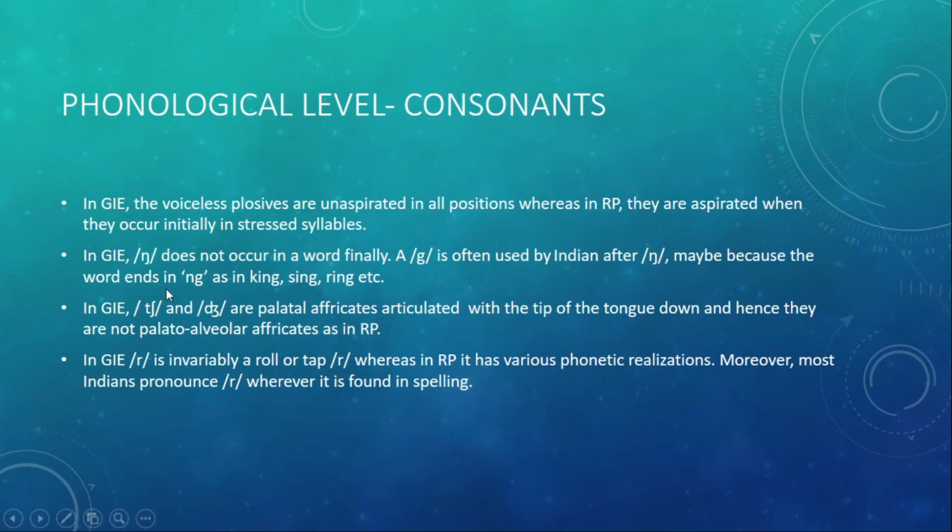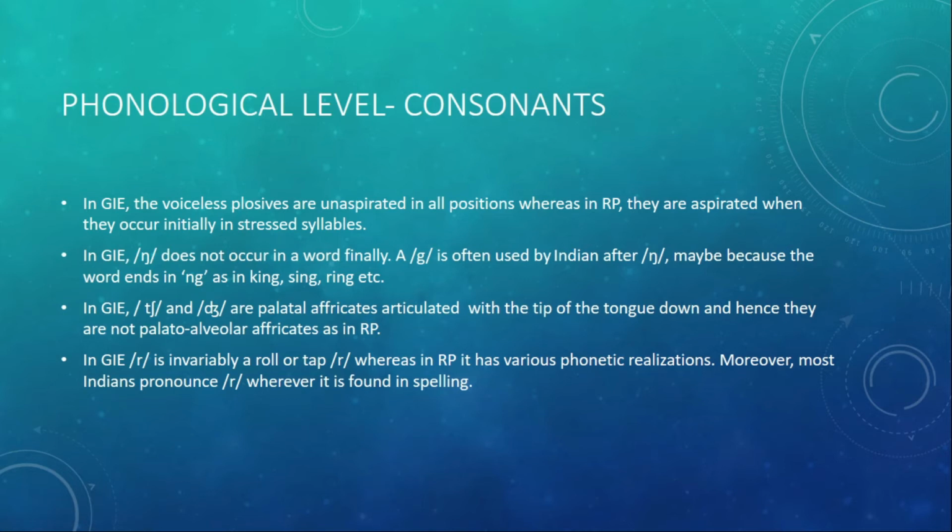The second point is that in RP, you know this particular sound ng, and there are certain words in which this figures, like king, sing, ring, etc. Now, an Indian speaker would see the ng combination of letters and think, okay, I have to pronounce the n before the g too.